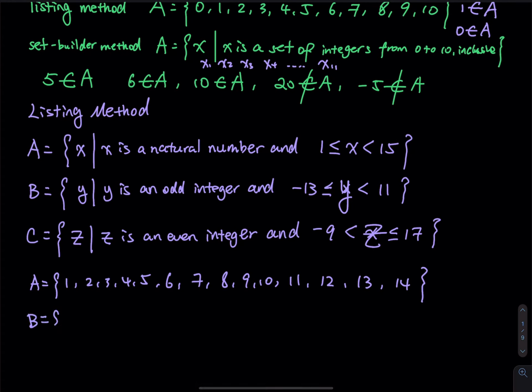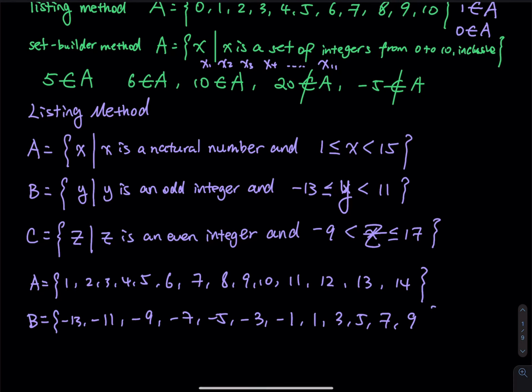So -13, then -11, -9, -7, -5, -3, -1. 0 is not odd because 0 is divisible by 2. Divisible by 2 means 0 divided by 2 has no remainder. And then 1, 3, 5, 7, 9, do not include 11. Then we stop at 9.